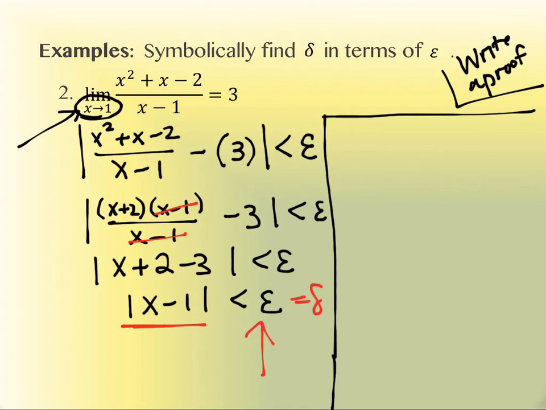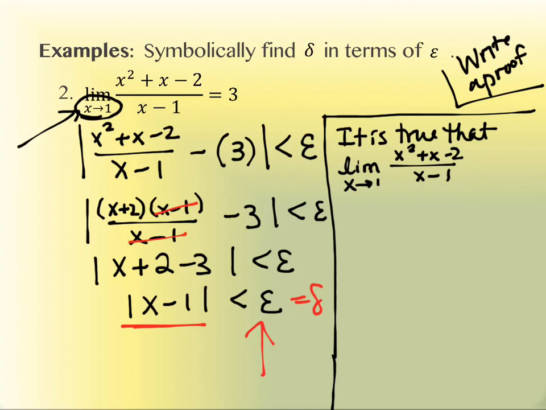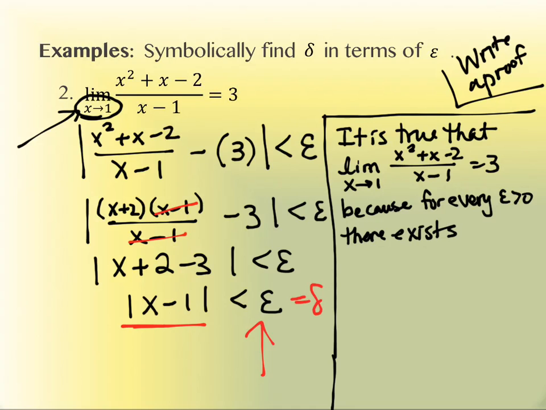For instance, we could say something like, it is true that the limit of x squared plus x minus 2 over x minus 1 as x approaches 1 equals 3, because for every epsilon greater than 0, that's the part you can't skip out on. That part has to be there. For every epsilon greater than 0, there exists delta, in this case, equal to epsilon.